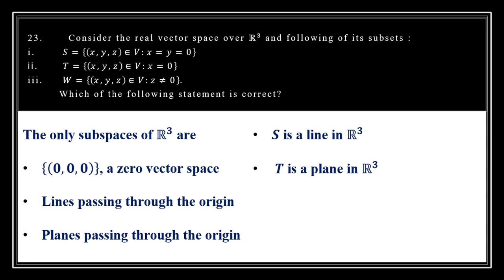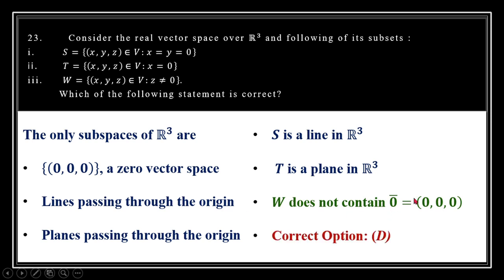So these are the subspaces of R3, and W is neither the zero vector space in R3, nor a line, nor a plane in R3. So W is not a subspace of R3 because W does not contain the zero vector (0, 0, 0). Hence the correct option is D, S and T are the only subspaces of V equal to R3.